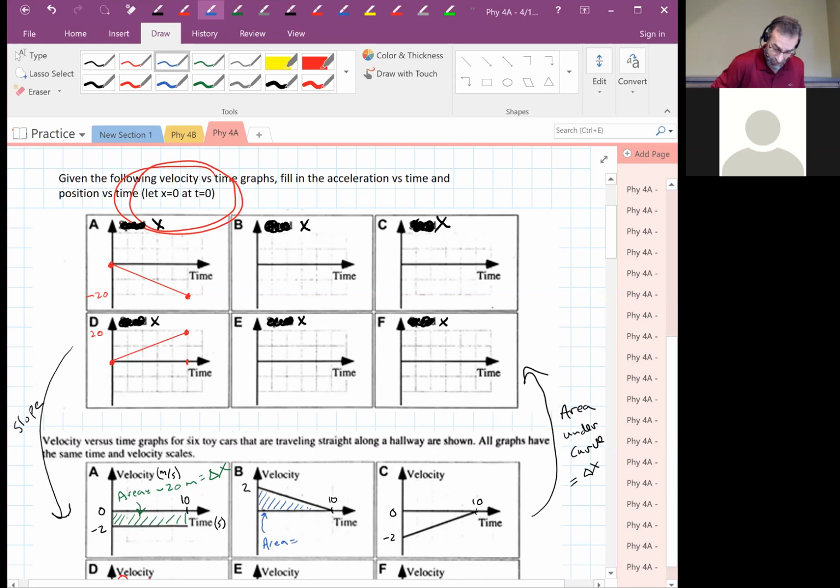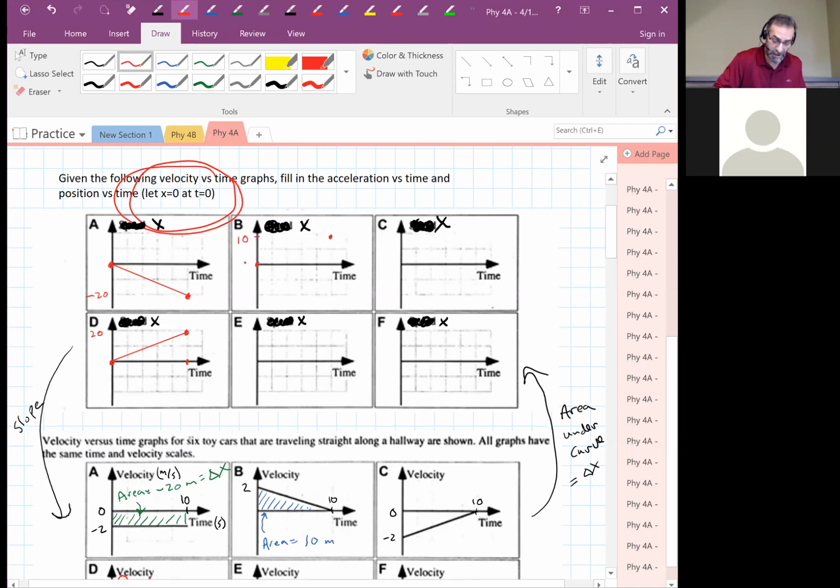So 1/2 base times height, that's 10. The area is 10 meters. So that has to equal delta x. So if we started out at 0, then it ends up at 10.